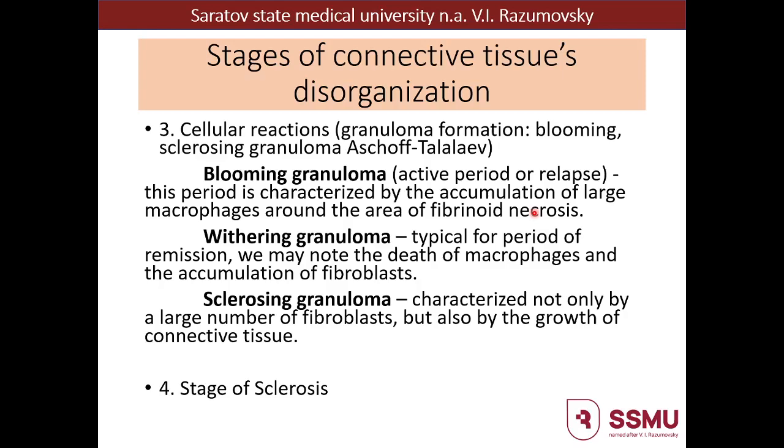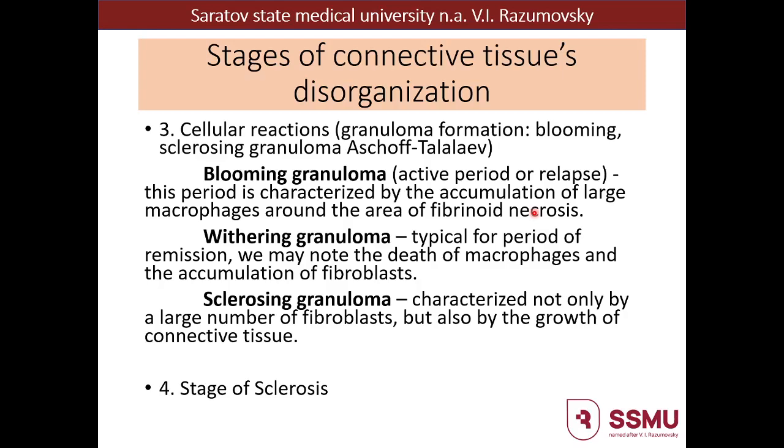And in cellular reactions, we may see three steps. All of these steps you may see on this slide. First step is the step of blooming granuloma, and blooming granuloma is associated with activation of the process or secondary reactivation of a process.